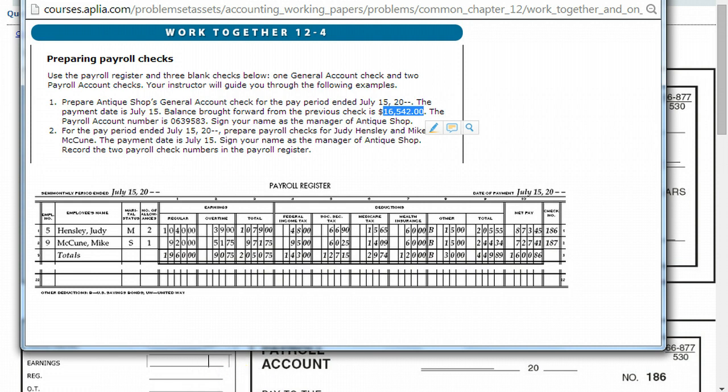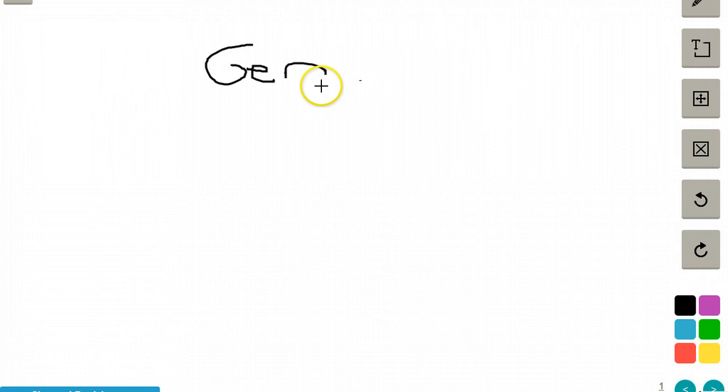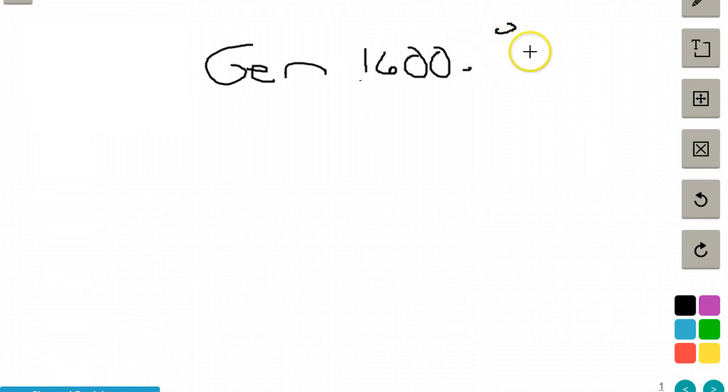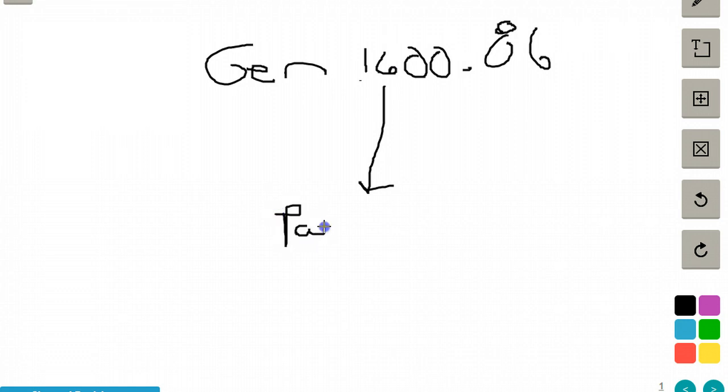So we're going to write a check to a special payroll checking account. What does that mean? Well, think about it this way. You have a general checking account, and we have $16,080.86 right here. What I'm going to do is I'm going to write a check to a special checking account for payroll.